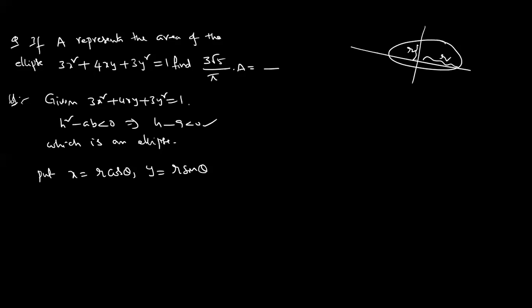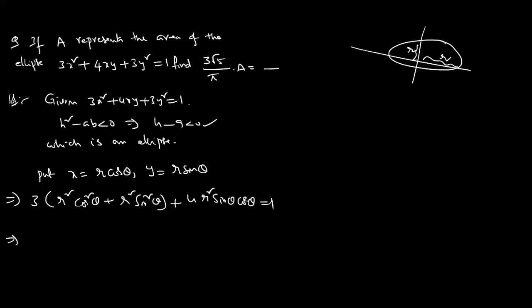So maximum value is nothing but A, and minimum is nothing but the minor axis. Let us see what format is coming. Dear students, you are observing 3 into r square cos square theta plus r square sin square theta, from these two terms, plus 4 r square sin theta cos theta is equal to 1.